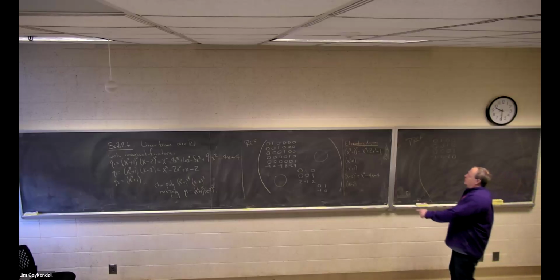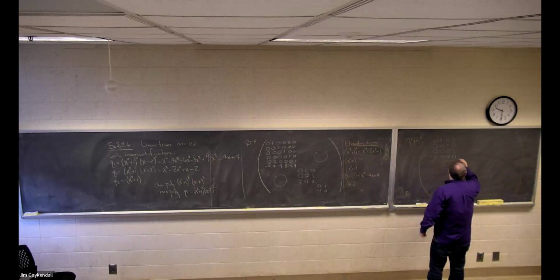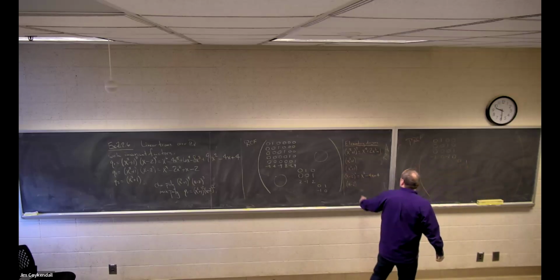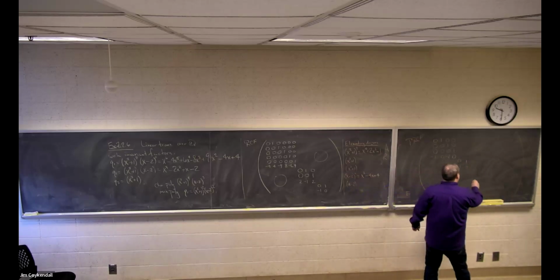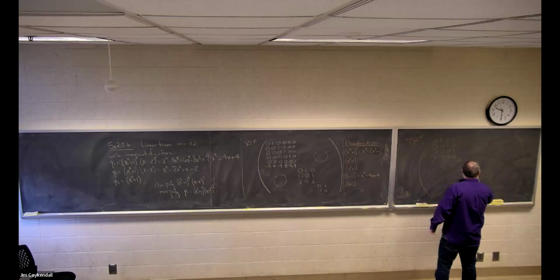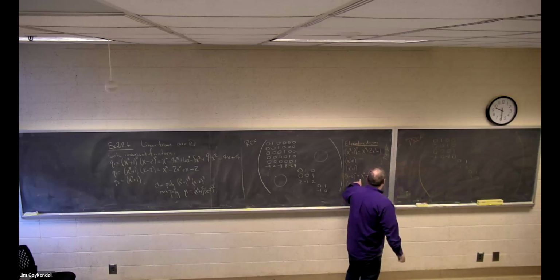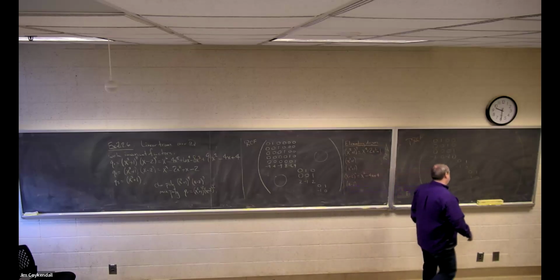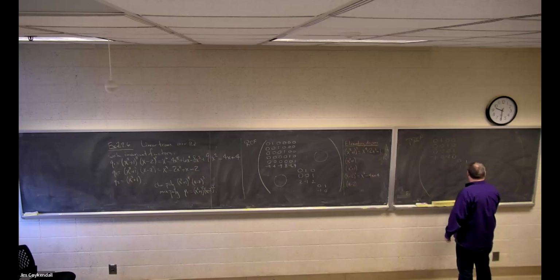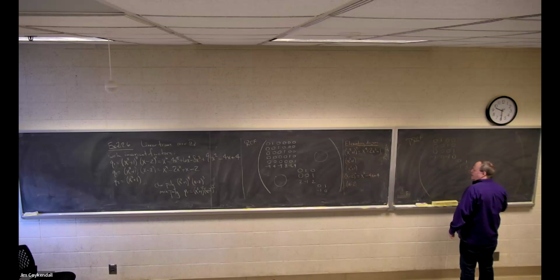Then I'm going to have the block for x squared plus 1. Another one just like it. And now I've got to go through this rigmarole and get a 2 block for this: 0, 1, -4, 4.